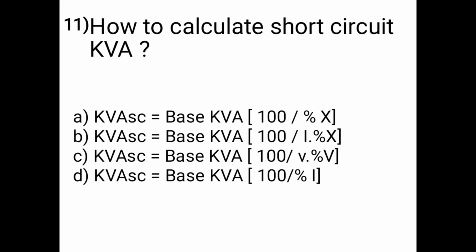Option B is short circuit KVA is equal to base KVA multiplied by 100 divided by current multiplied by percentage reactance, or short circuit KVA is equal to base KVA multiplied by 100 divided by voltage into percentage of voltage, or short circuit KVA is equal to base KVA multiplied by 100 divided by percentage of current. So the correct answer is option A. Short circuit KVA is equal to base KVA in bracket 100 divided by percentage reactance.